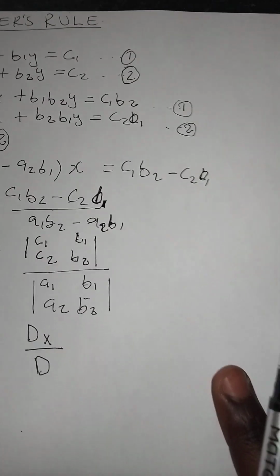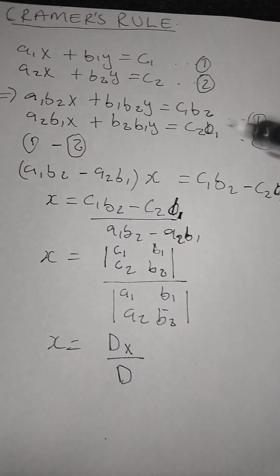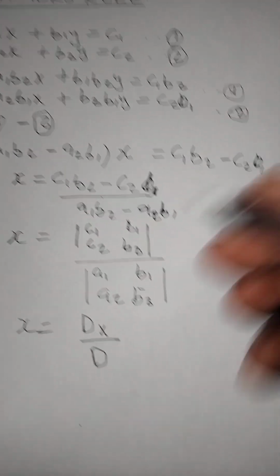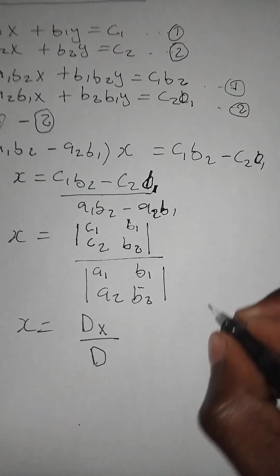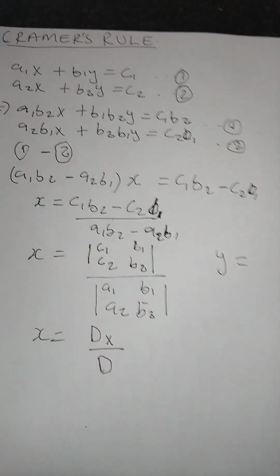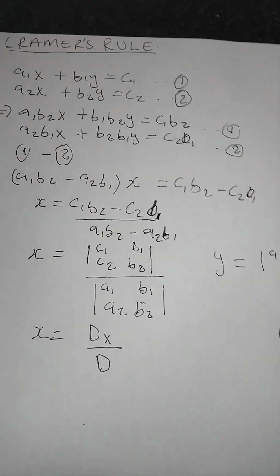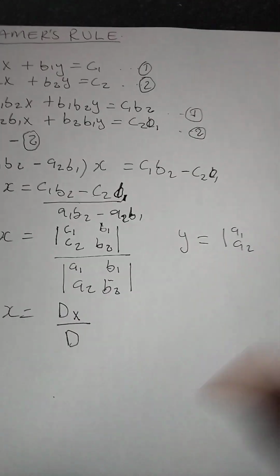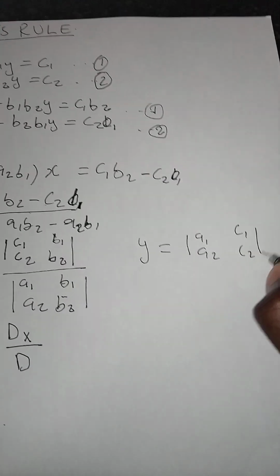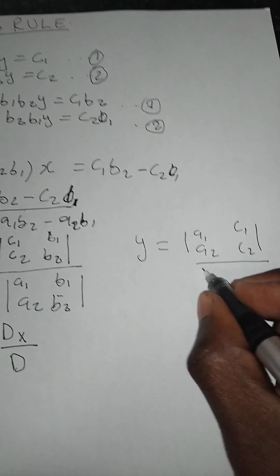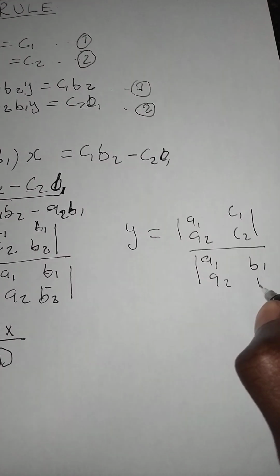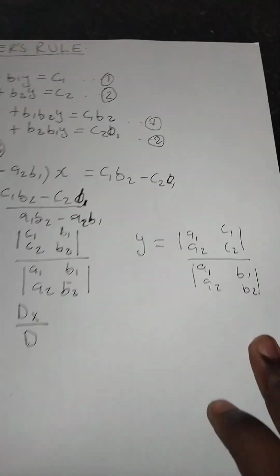Similarly, we can do the same for y. Now what you are going to do is equation 2 minus equation 1. At the end of the day, we end up having y being equal to, you can go and try that yourself and see if that is the case, a1 a2 then c1 c2, divided by a1 a2 b1 b2, just like that.